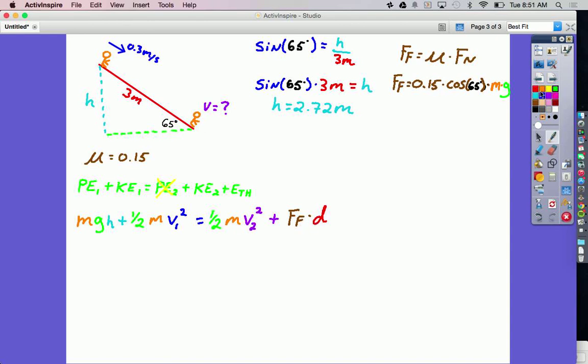Here we go. First things first, I have mass in almost every term. But if I look over here, if I plug in what I had for force of friction, I'm going to have mass there too. So here's what that's going to look like. On the left side, I'm still going to have my mgh plus my 1/2 mv squared. On the right side, I've got my 1/2 mv squared.